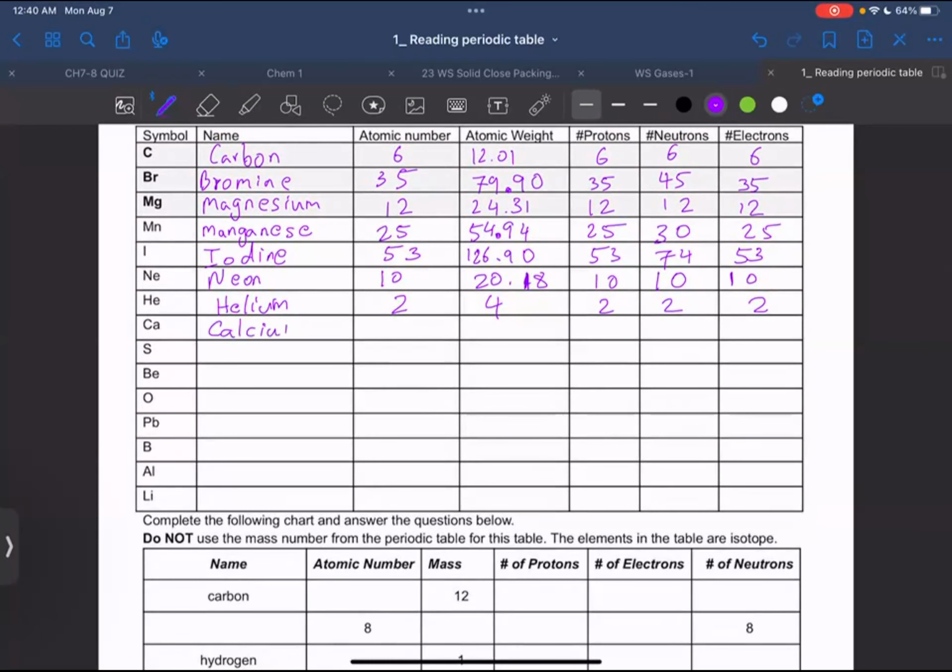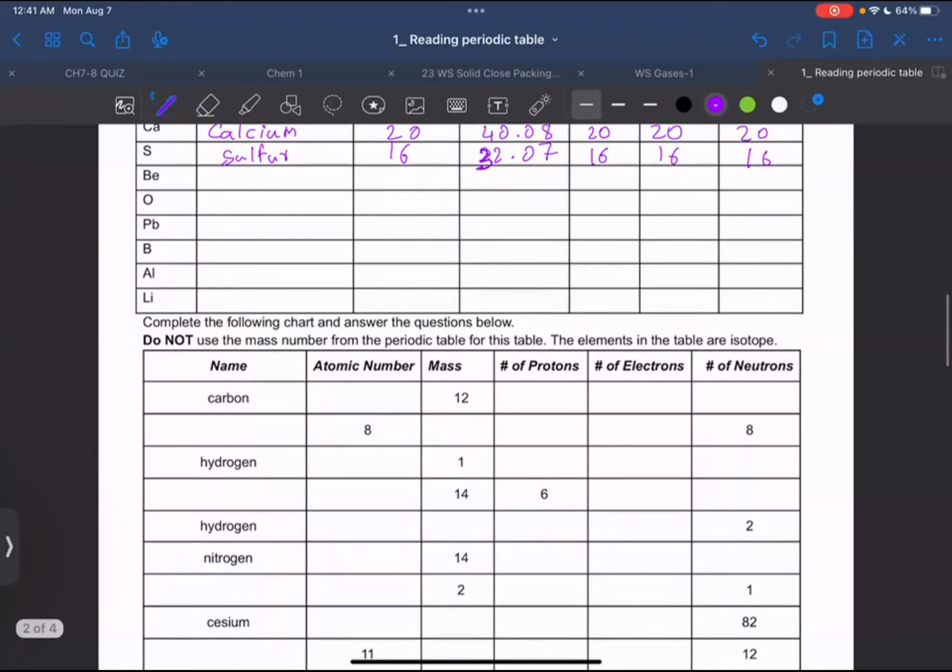Calcium. Sulfur. Okay, Be, beryllium. Oxygen.